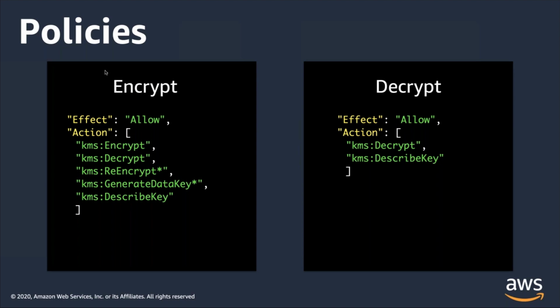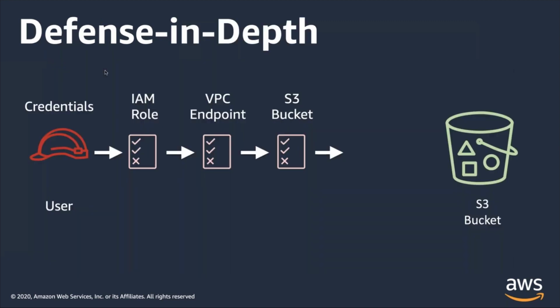So by separating one component of your application, let's say the user-facing data collection layer, from decryption, which is, let's say, a layer of your application that you use for processing data, you can separate duties. Then that allows you to make sure that the users who are attempting to encrypt data have permission, and be very permissive about who has the ability to encrypt data, but be very restrictive about who has the ability to decrypt that data, or vice versa, depending on the needs of your application. So key policies are a very powerful mechanism in that sense.